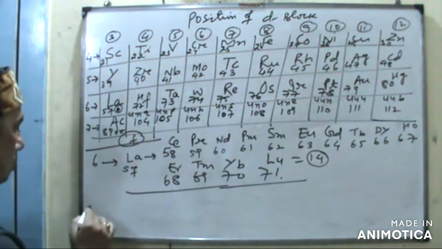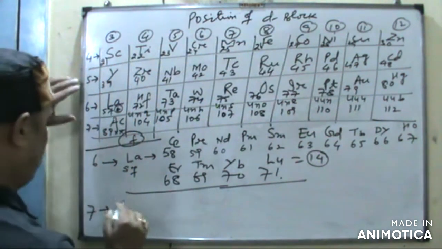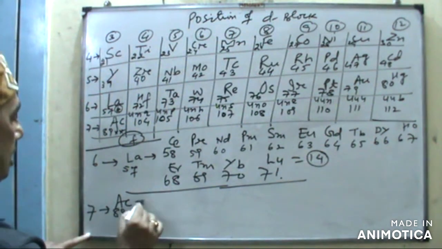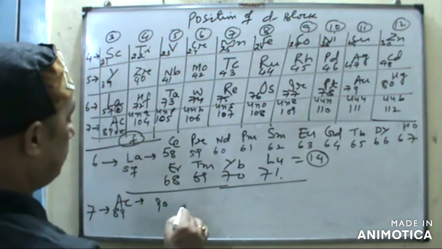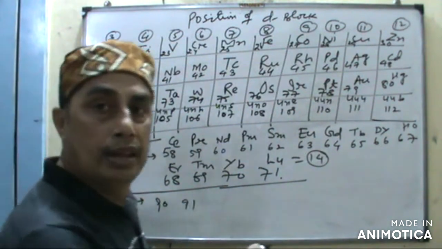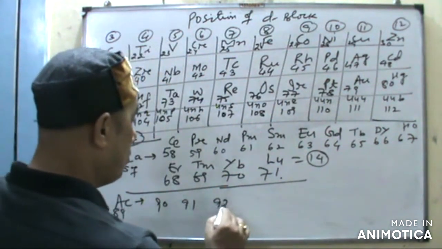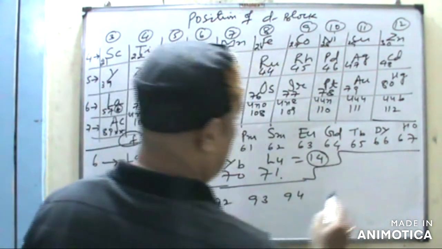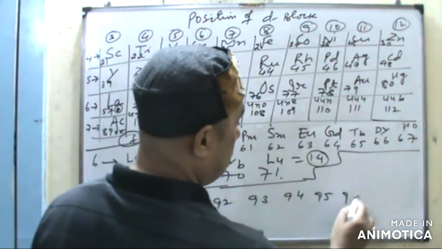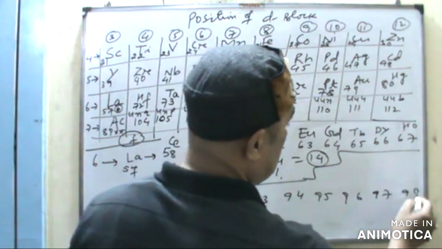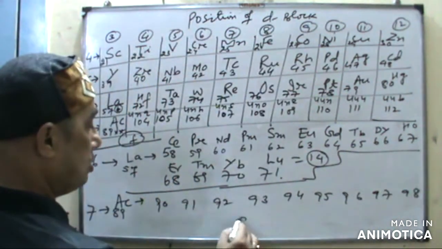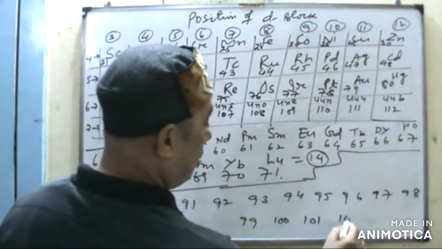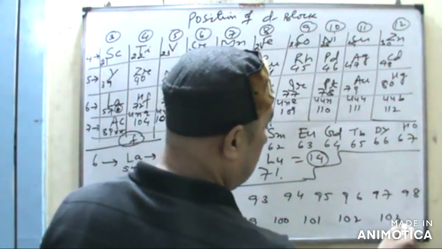Right, now the 7th period you take from next to actinium, that is next to 89: 90, 91, 92, 93, 94, 95, 96, 97, 98, 99, 100, 101, 102 and 103.